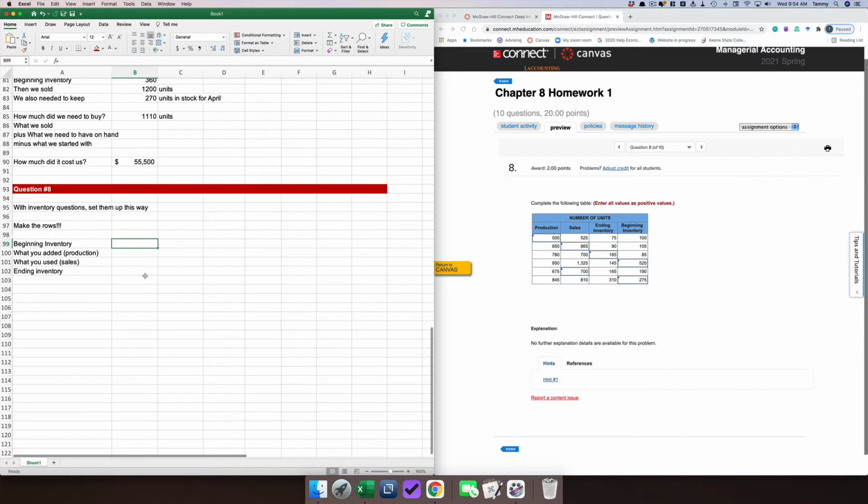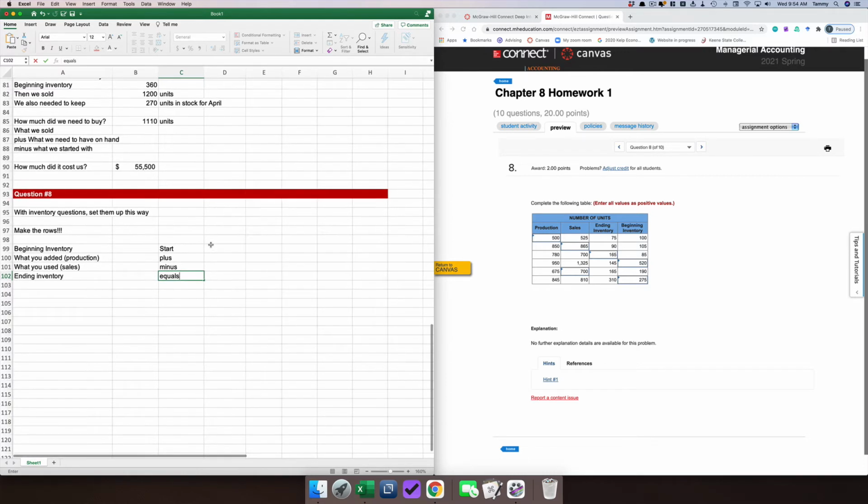But the way that the math works, you start with your beginning inventory, you add what you made, you subtract what you used, and that equals your ending inventory. So what you started plus what you added minus what you used equals ending.